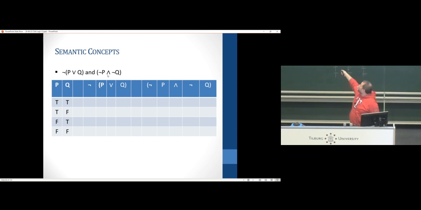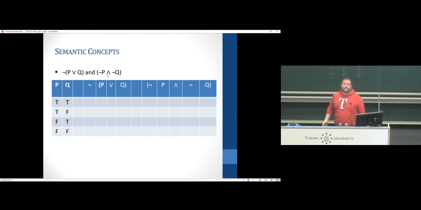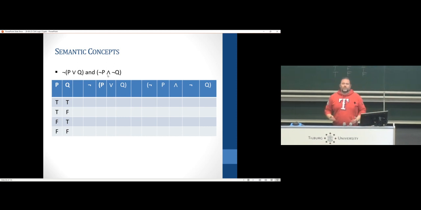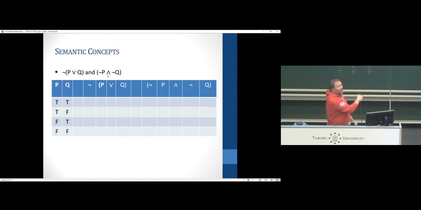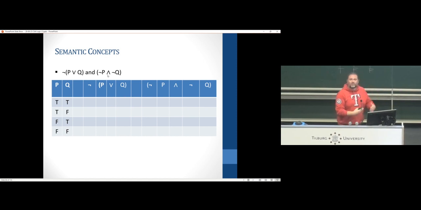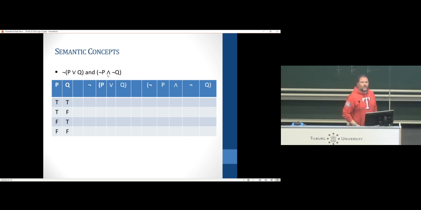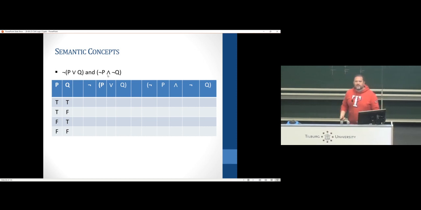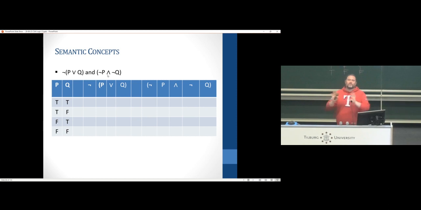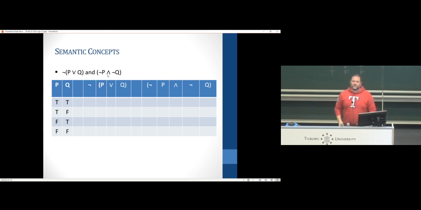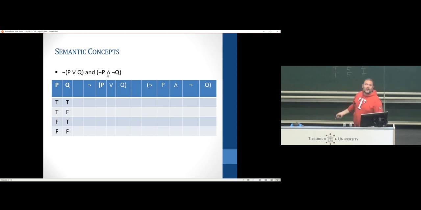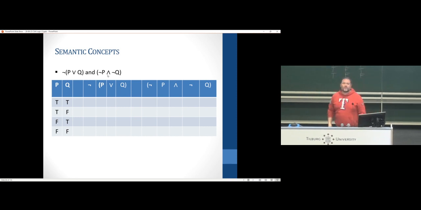In this case, it's just P and Q. And then we generate our matrix like normal. So we could do this with just one sentence, or we can do it with multiple. Just make sure you leave yourself a gap so you don't screw up the table. Then, the next step, just like always, copy. Import the columns. Every occurrence of P, you fill in the column under P. Every occurrence of Q, you fill in the column under Q.